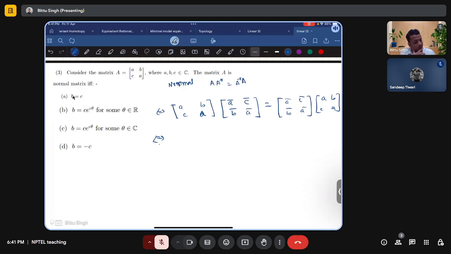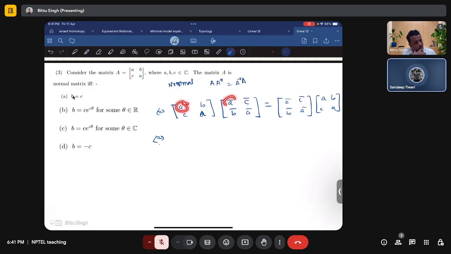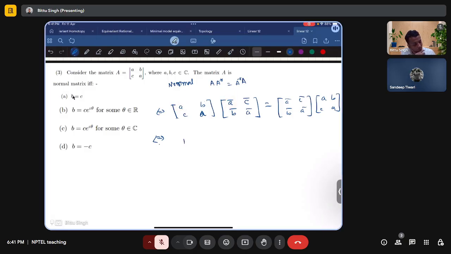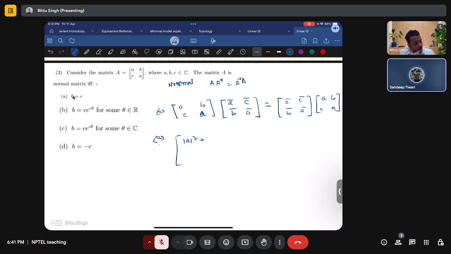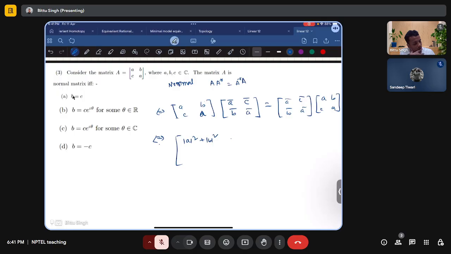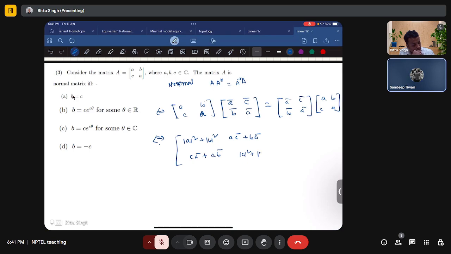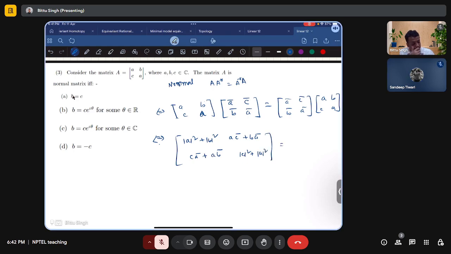Compare each entry. The first entry will be modulus a squared plus modulus b squared, which is equal to modulus a squared plus modulus c squared, and so on.